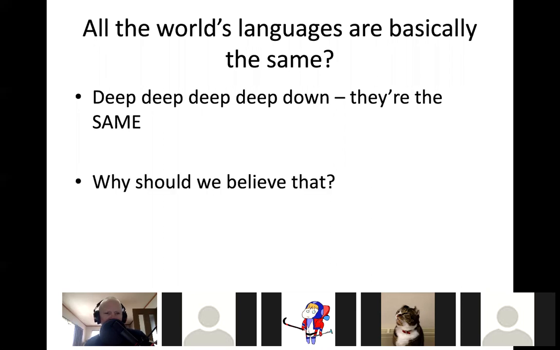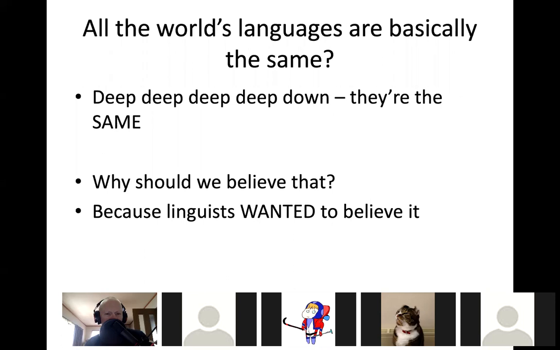Maybe. So why should we believe that? Well, basically because linguists wanted to believe it. There's not really much evidence to show that's true. But linguists wanted to believe that if you study one language, you can understand all languages. That's nice, right?